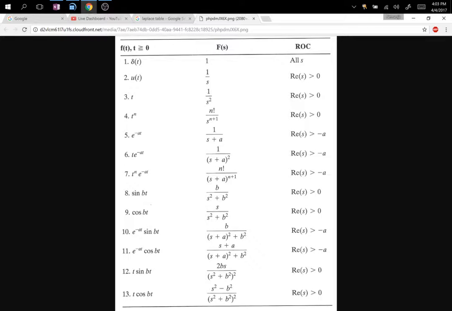View image, and there it is. So now you see numbers 8 and 9. Numbers 8 and 9 are the ones that you want. So I think, let me just try this.